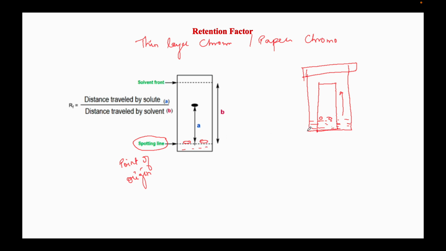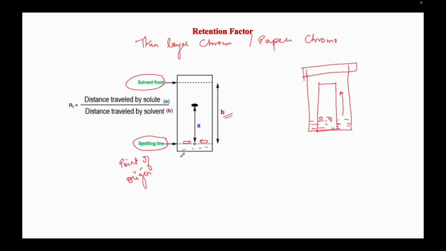Through capillary action, the solvent will travel up front, and it will travel a particular distance and reach the solvent front. That distance is B. So the solvent front distance from the point of origin is B, right?